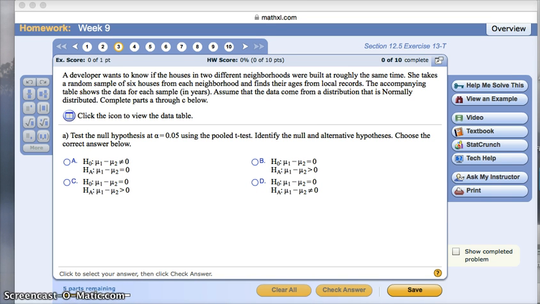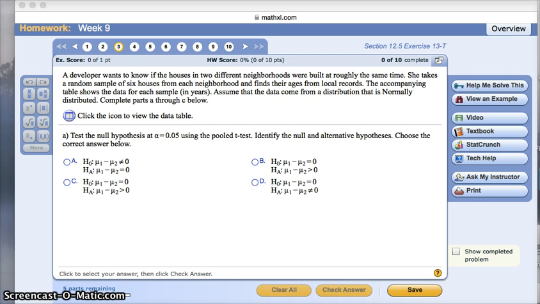So our null hypothesis would be that the mean of neighborhood 1 minus the mean of neighborhood 2 is 0. Therefore, our alternative hypothesis will be that the difference between the neighborhoods is not 0, or that there is a significant difference. But we're going to be talking about our null hypothesis here, that the mean of neighborhood 1 minus the mean of neighborhood 2 is equal to 0.